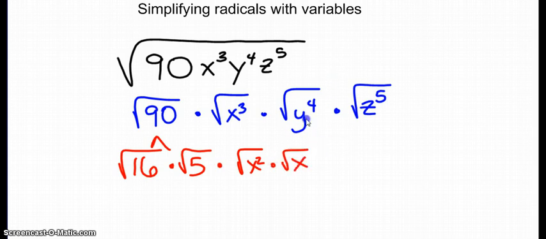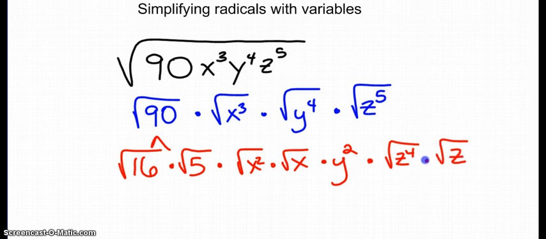Root y to the fourth is actually a perfect square. I can take the square root of y to the fourth, which is y squared. Root z to the fifth, the biggest perfect square factor of z to the fifth is z to the fourth. So z to the fourth times z is z to the fifth.